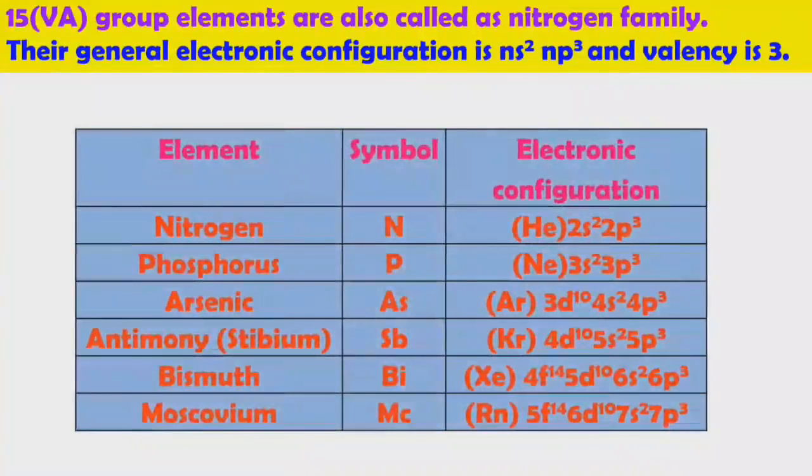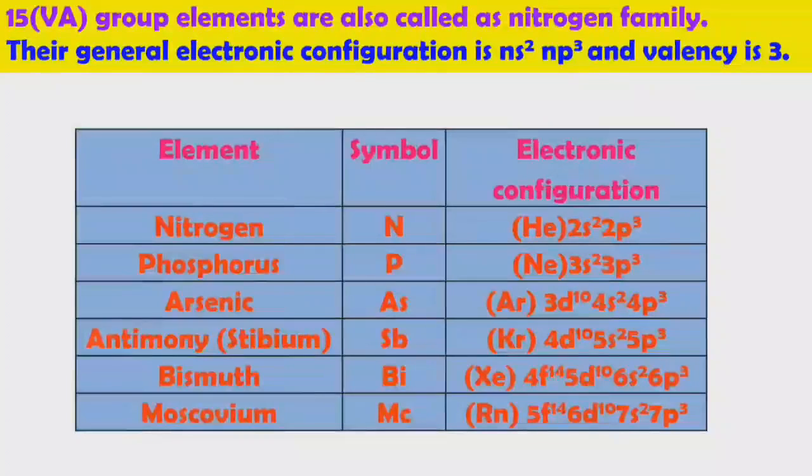Now we will see the 5th A group elements: nitrogen, phosphorus, arsenic, antimony, bismuth and moscovium. Here the Latin name for antimony is stibium, and the symbol for antimony is Sb. Valence shell electronic configuration of nitrogen is 2s2 2p3.